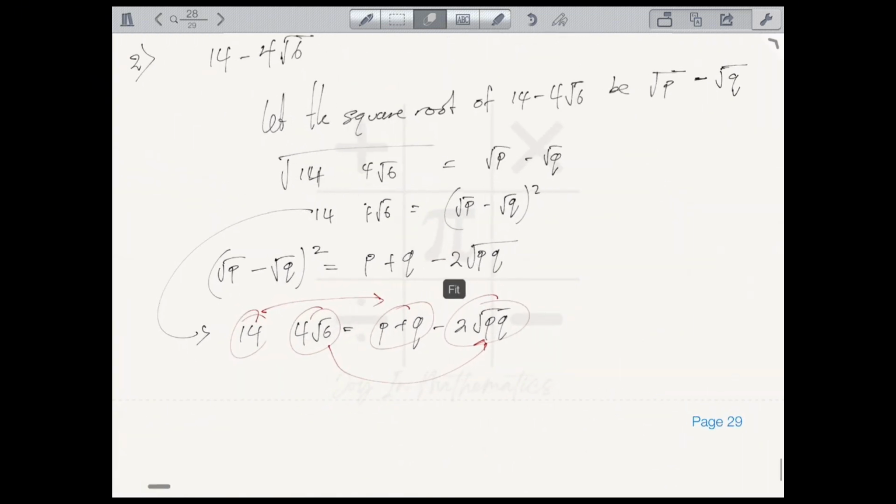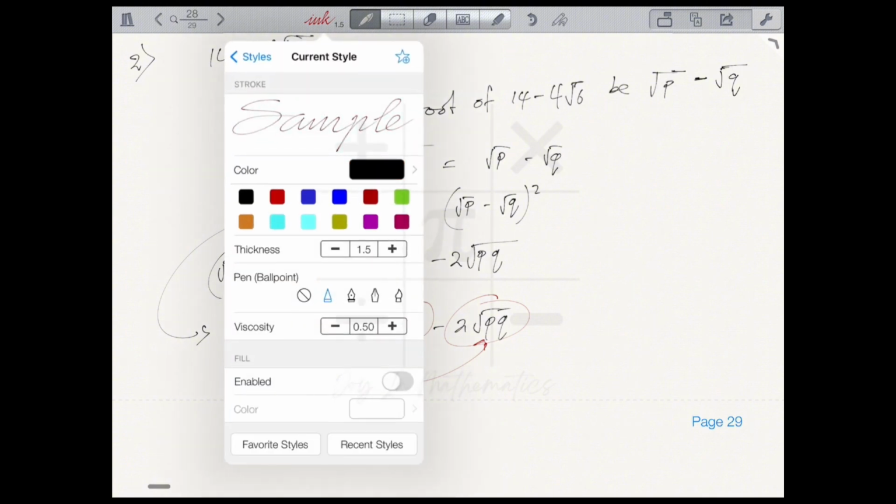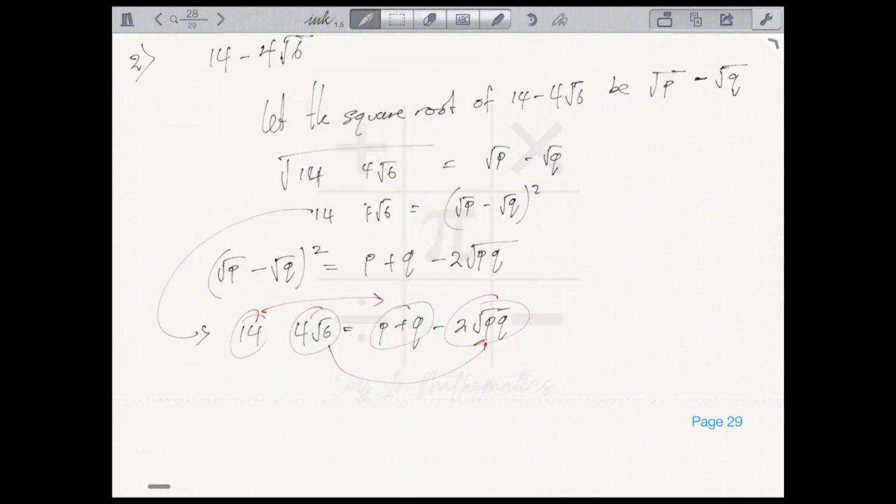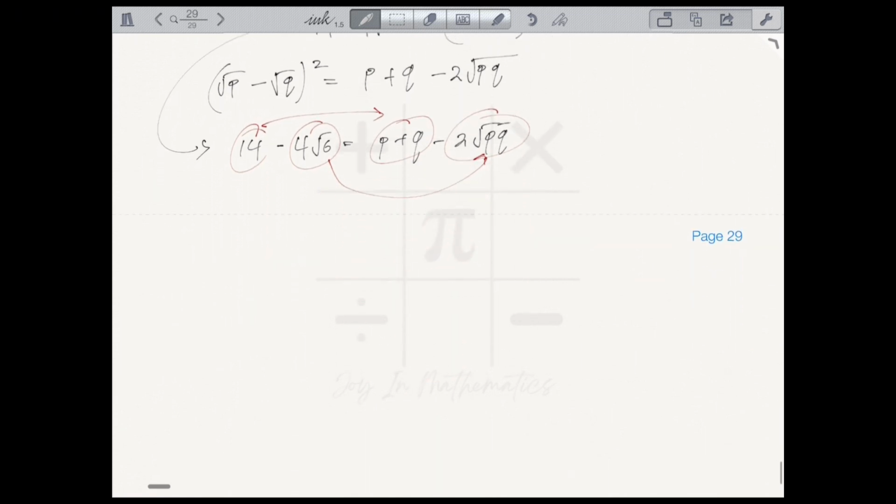The question says 14 minus, so this is 14 minus. So yes. Okay, let's proceed now. So we have two equations: p plus q is equal to 14, and likewise 2 root pq is equal to 4 root 6.